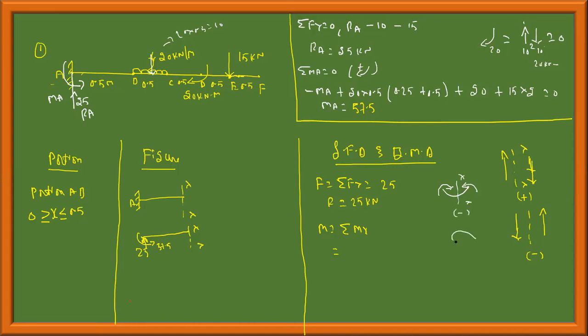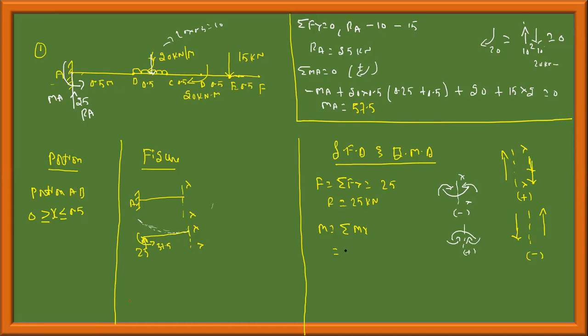If the beam is bent the opposite way, this is my positive bending moment. When I apply a force about this section, it will bend like this. It means it is causing sagging, sorry, hogging. Therefore this is negative.